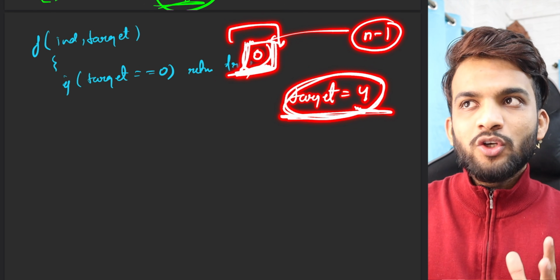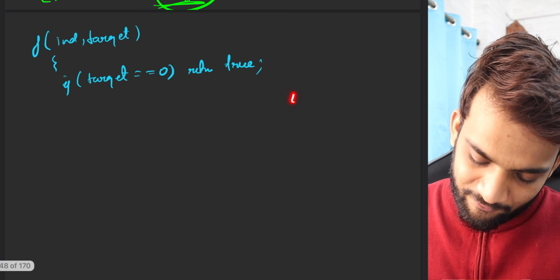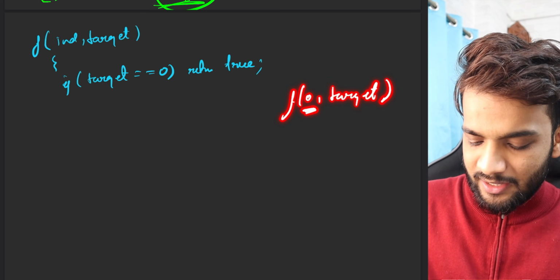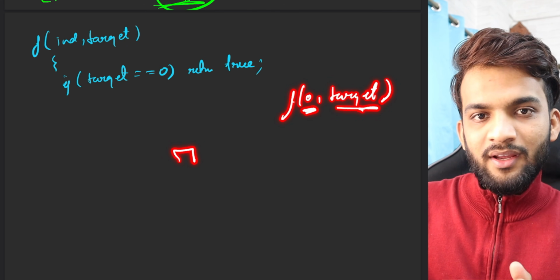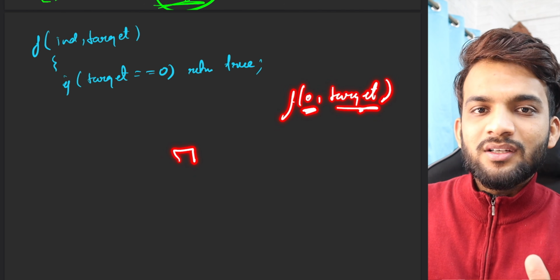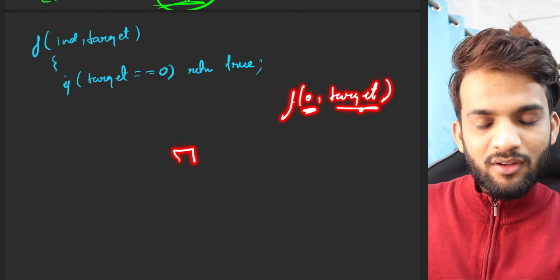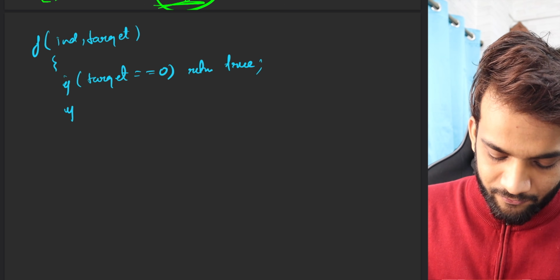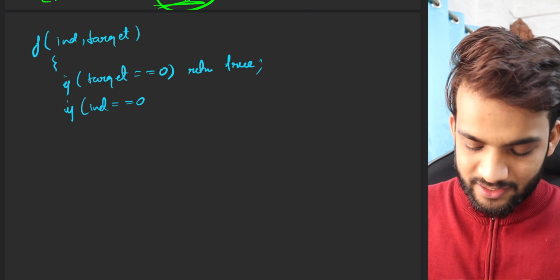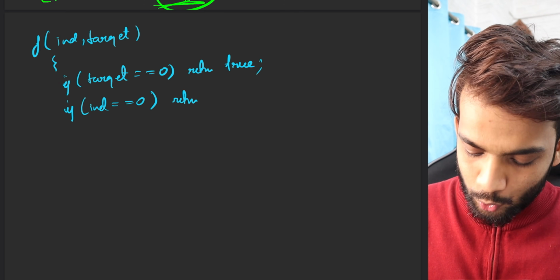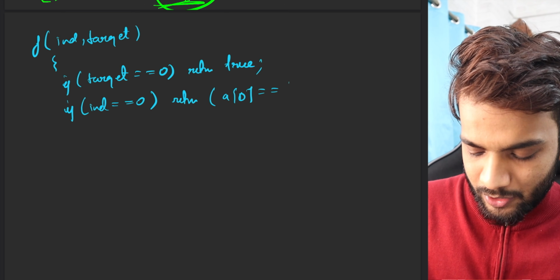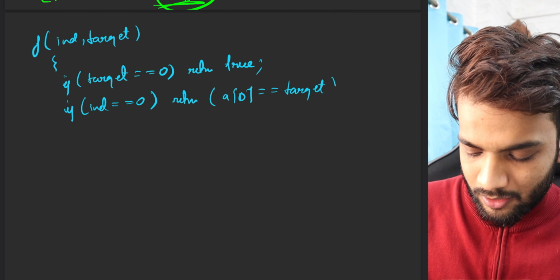Make sense? Because what does f of 0 comma target signify? It signifies till the 0th index, can we achieve this target, and if it's the 0th index, it's only a single element. So how can I achieve that target? If it's the target itself. Thereby, if index is equal to 0, which is ultimately the base case, I will return true if the array of 0 is equal to the target itself.